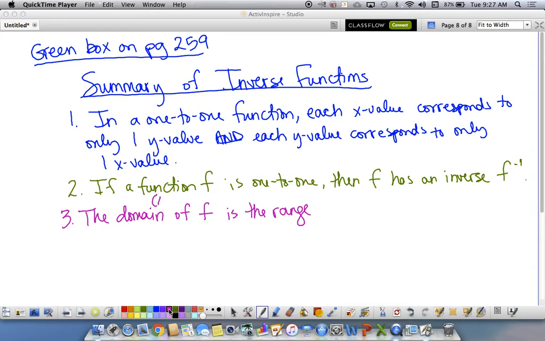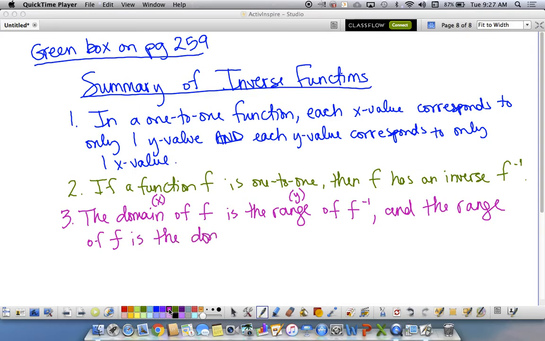So the domain of f is the range of the inverse. And the range of f is the domain of the inverse. That's quite a handy thing to have.